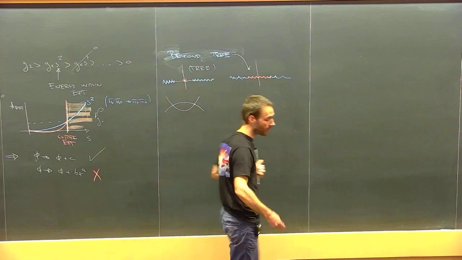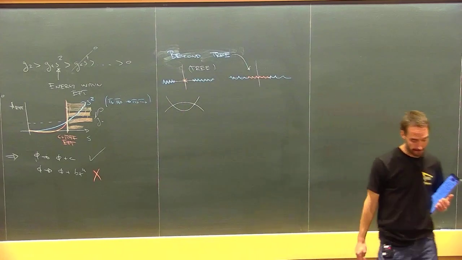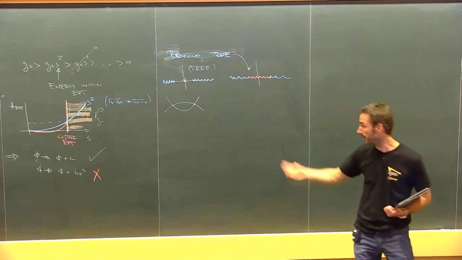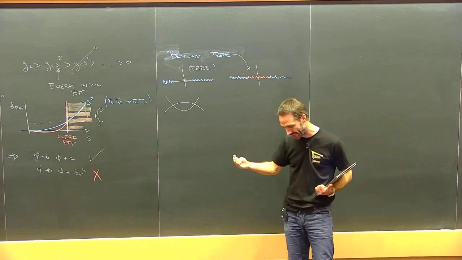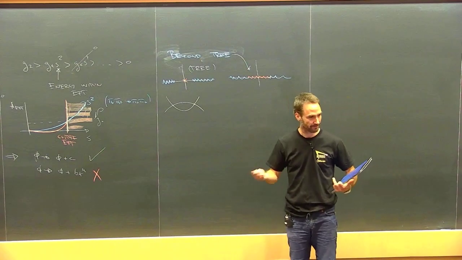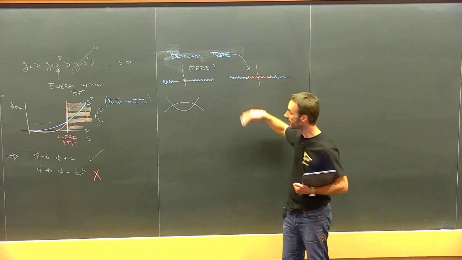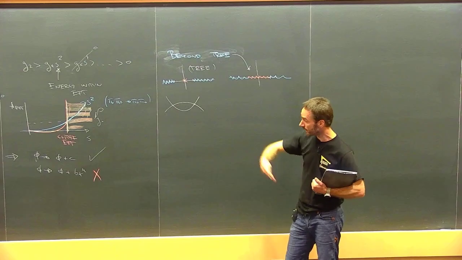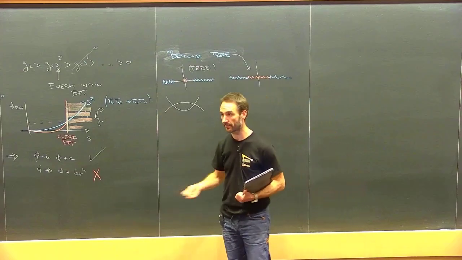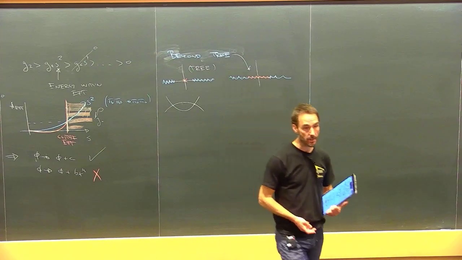The first qualitative features that appear beyond tree level, I mean, it's one loop, but I would say that that's all that is interesting to look at, right? We go to one loop, now we get a realistic structure, and we see what qualitative consequences of this argument change.